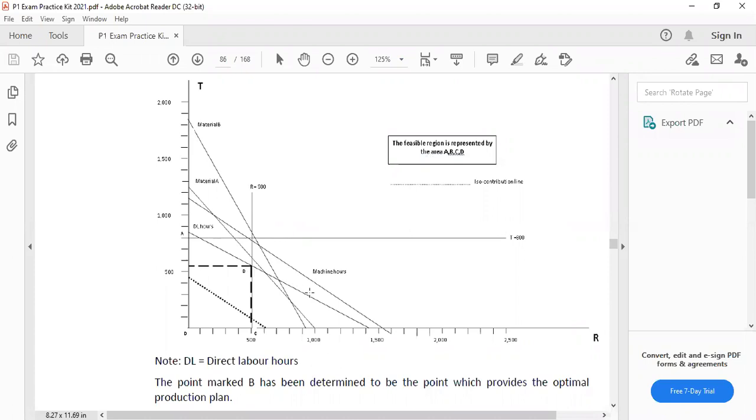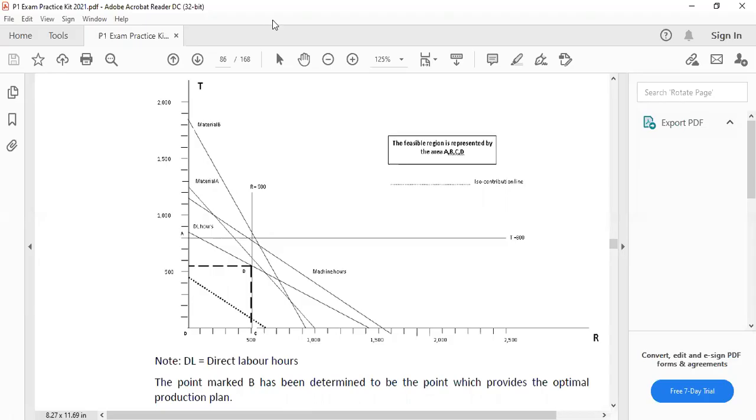No other point has it: A doesn't have, C doesn't have, D doesn't have. When the point B is substituted in the objective function, the answer is the maximization. The optimal production plan is taken up.